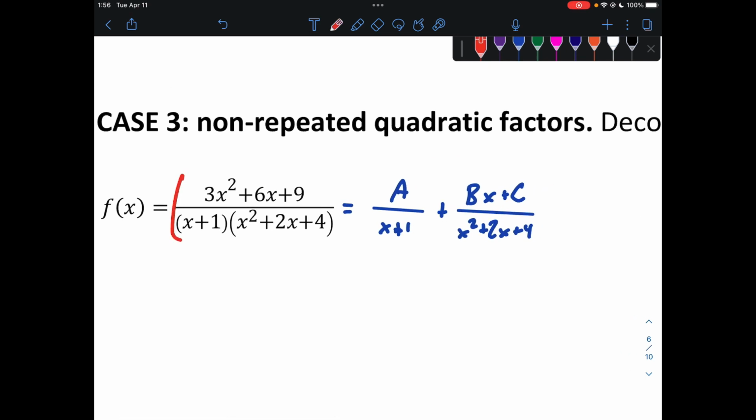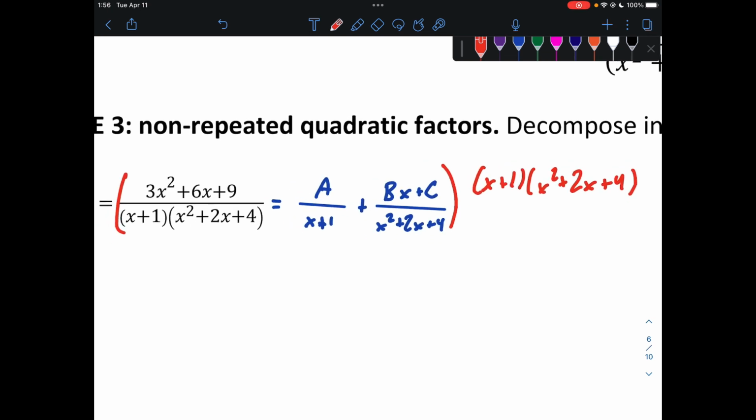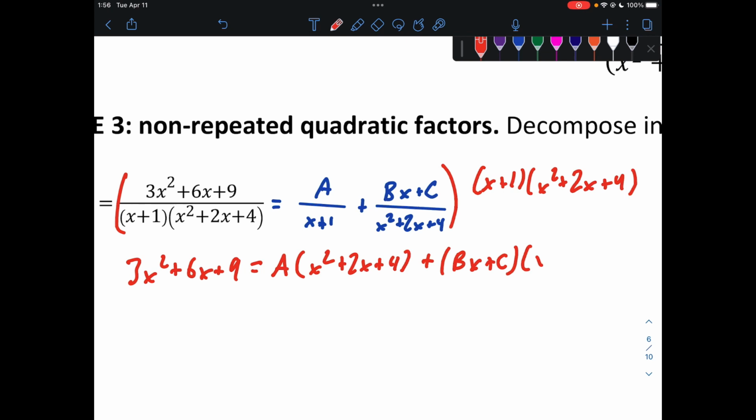And from there, we do exactly the same thing that we've been doing so far. Multiplying through on the left side just cancels out my denominator. The right side, we have a times this plus bx plus c times x plus 1.